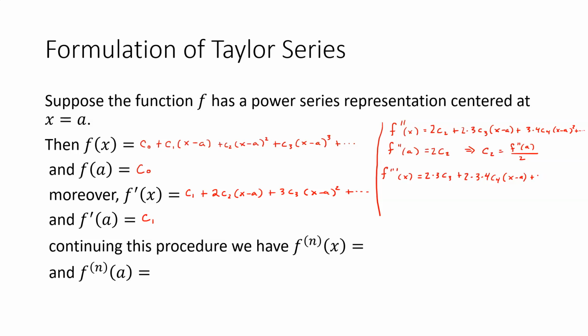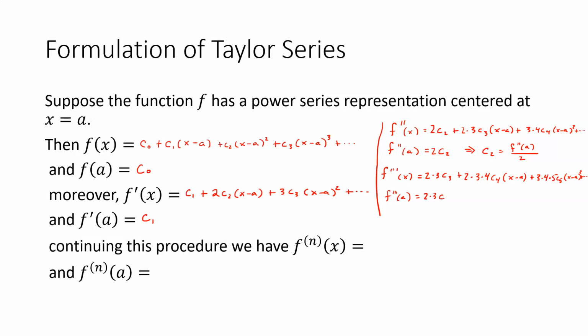The next one would be, well, then the next term, which we haven't written here, would be of the form 4 times 5, c5. So when I take the derivative, it would be 3 times 4 times 5, c5, (x minus a) squared. Okay. And so here we see that the third derivative, f triple prime of a, is equal to 2 times 3c3.